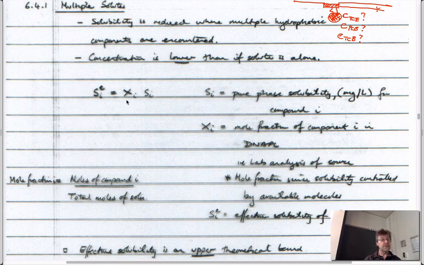And that's because all these different components are competing for different solubility sites in the water. And so to do that, we just use Raoult's law. And Raoult's law says that the effective solubility of a component is equal to its pure phase solubility multiplied by its mole fraction. So that's it.